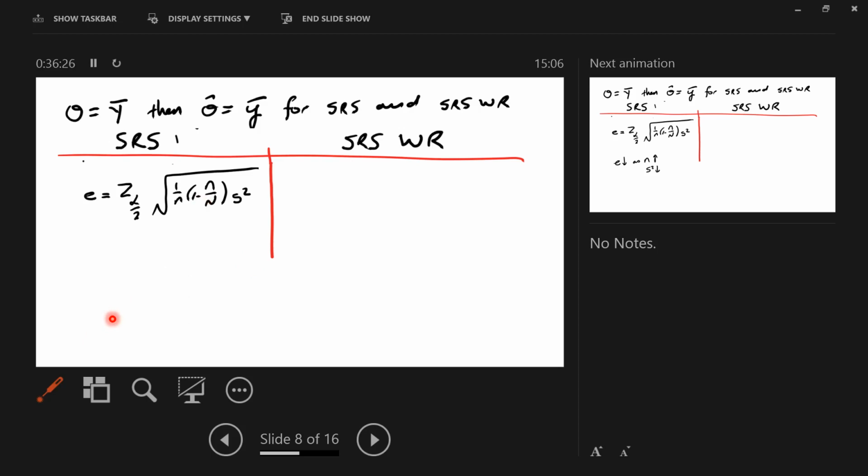What is your error? Your error gives you the width of your confidence interval, doesn't it? What did I tell you all along? You're trying to be accurate. You're trying to make your confidence interval narrow. If you look at this formula, your error is what stretches your confidence interval. I can't change the confidence level: I want to be 95% sure, so Z is 1.96. You can't do anything about that.